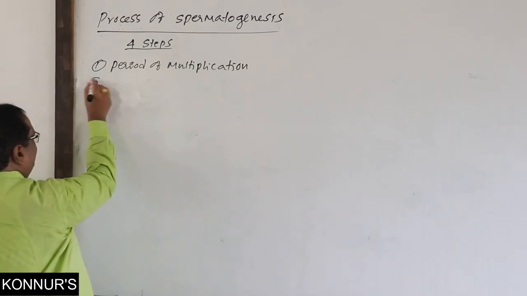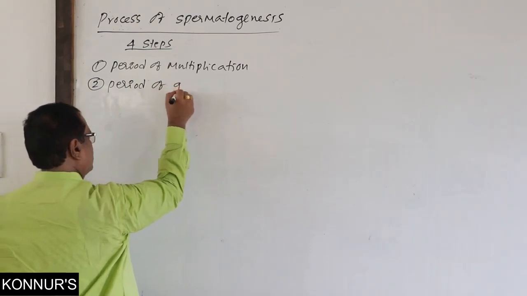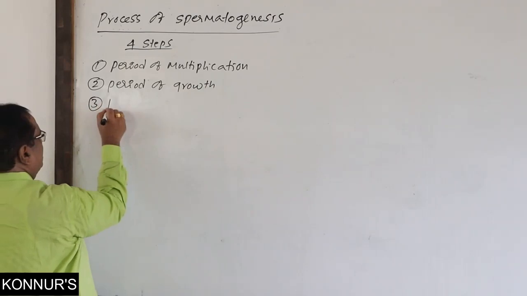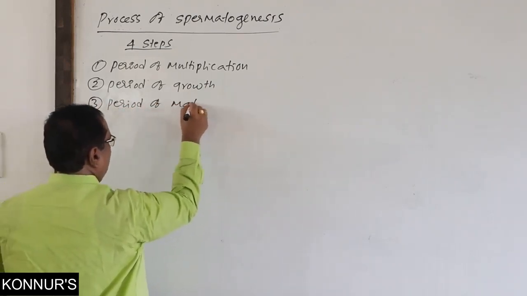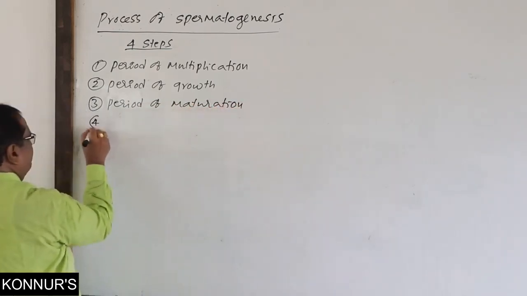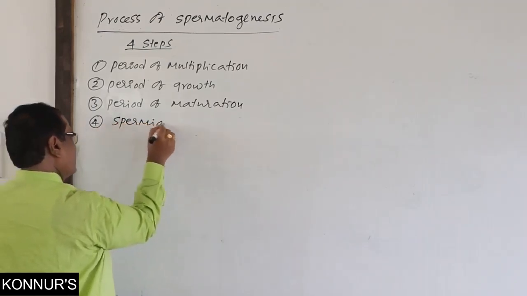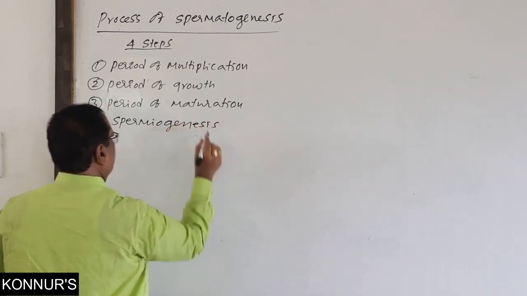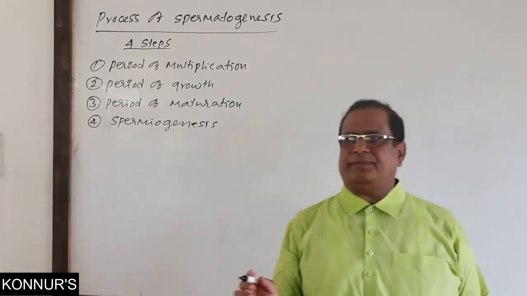Second, period of growth. Third, period of maturation. And the 4th step is spermiogenesis.